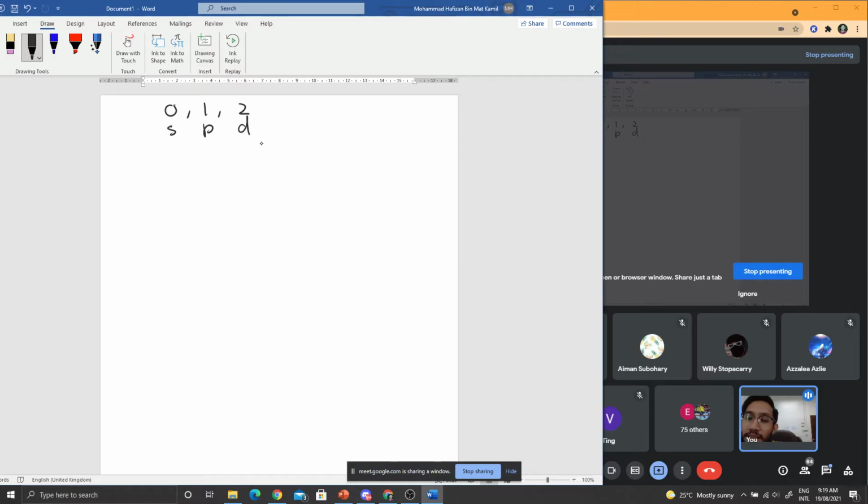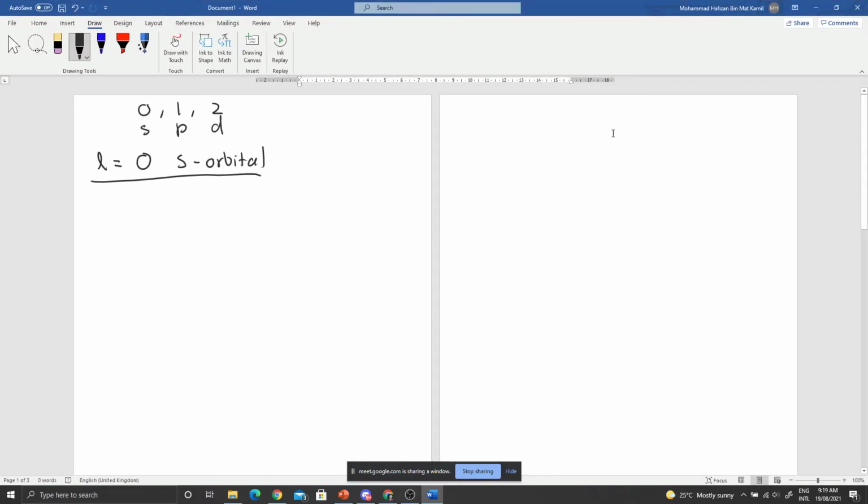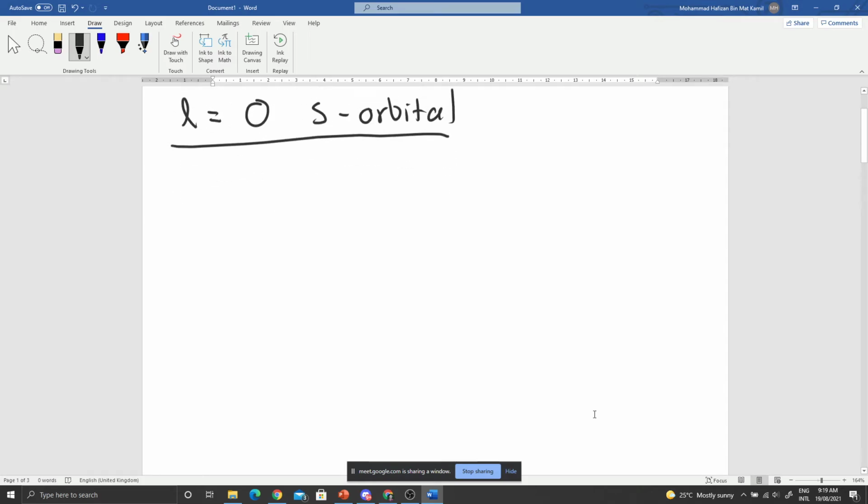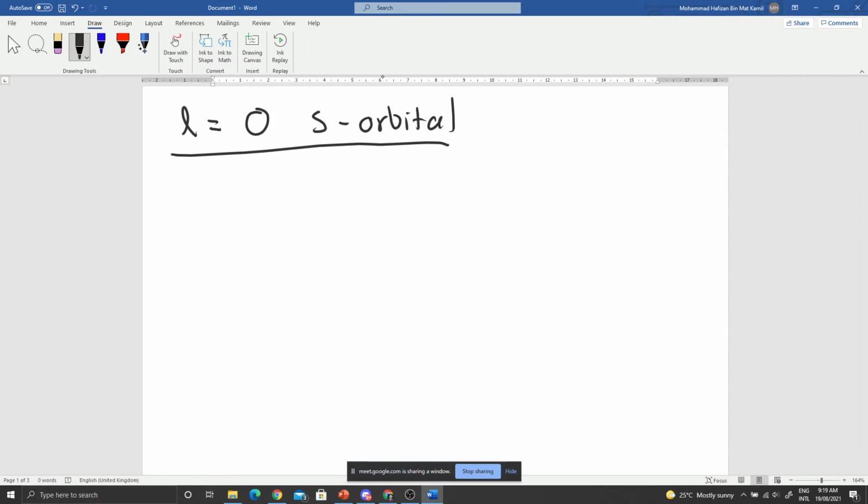So first, let's draw untuk when L equal to 0, which is S orbital. Okay, S orbital, kalau you guys ingat, the S orbital bentuk dia bulat.